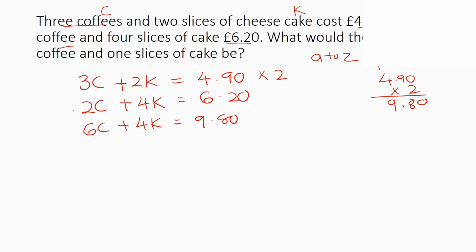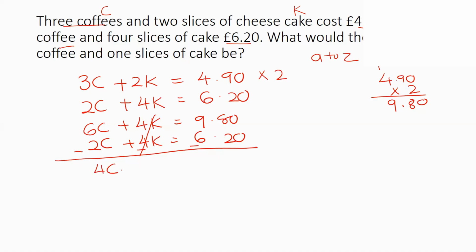And I'm going to write underneath this equation again, 2C plus 4K equals 620. And if we take the difference of these two equations, this is called elimination. We are eliminating one of the terms. If we get rid of this, we are left with 6C minus 2C, which is 4C.